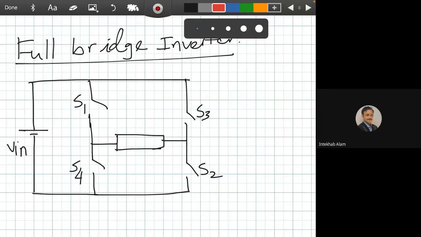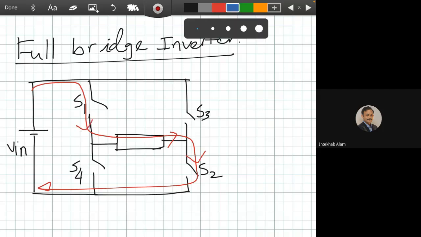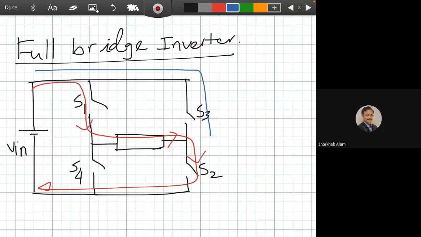Okay. So the overall circuit is very simple. Whenever we switch on S1 and S2, there will be current flow in this direction. And if we switch them off and switch on the other pair, there is a current flow in this direction.